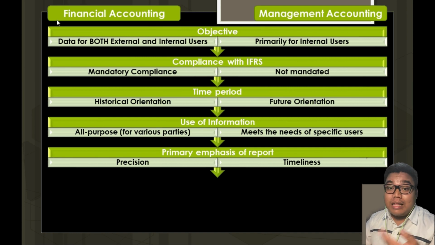So, does it mean that it is okay to make mistakes in management accounting reports? No. What it means here is that we are allowed to use estimates and projections for management accounting reports, whereas financial accounting reports do not allow that. What is the perfect example of that? Standard costing.